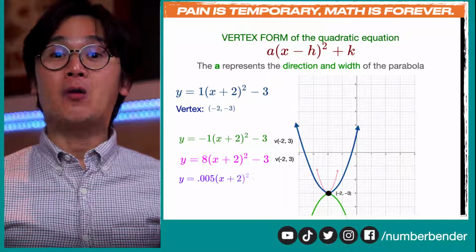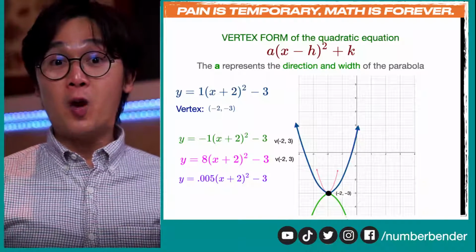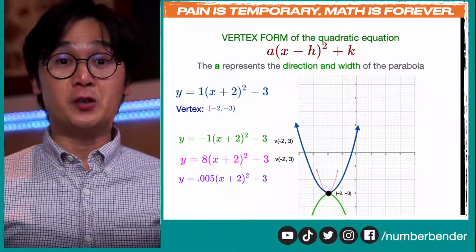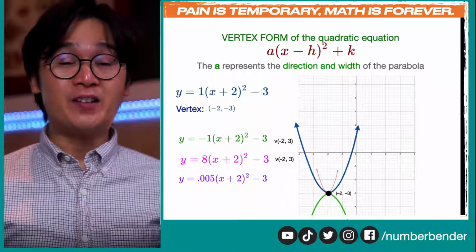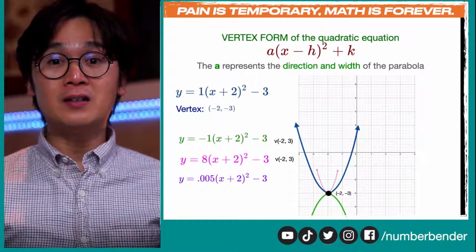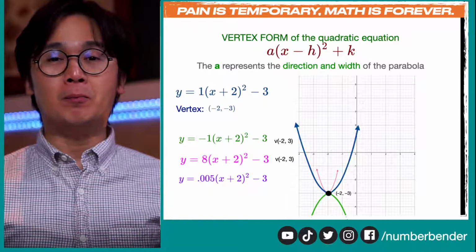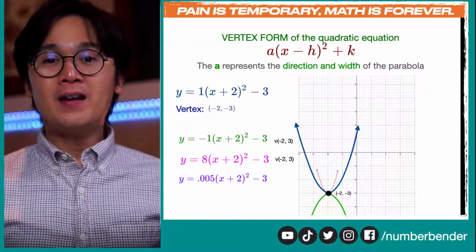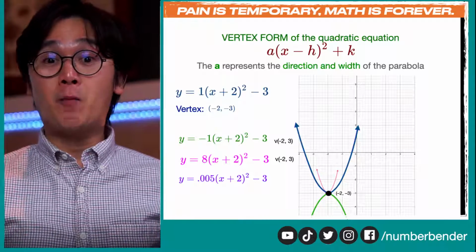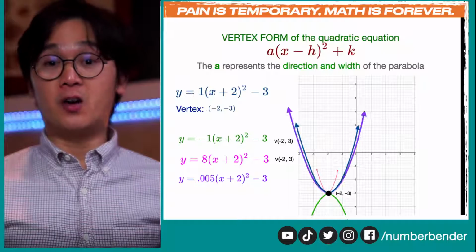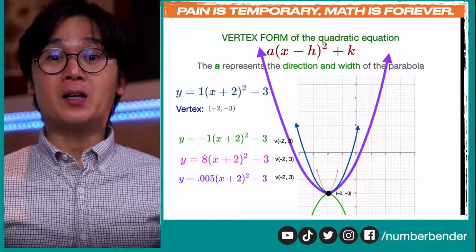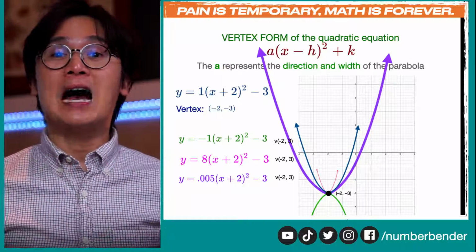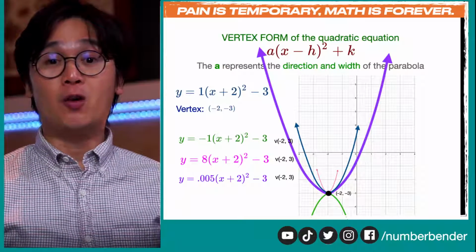That means if our a is smaller than 1, which is 0.005 in this particular value, not negative, because if it's negative, it's going to go downward. So let's see what will happen to our blue parabola when the a value is changed from 1 to 0.005. And now we are seeing that the parabola becomes wider because our value of a is now smaller.